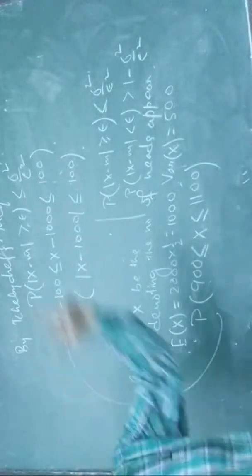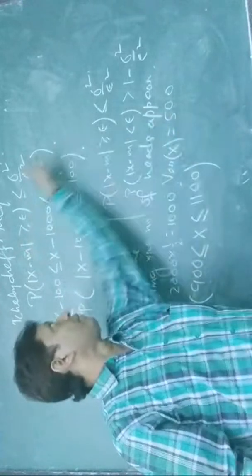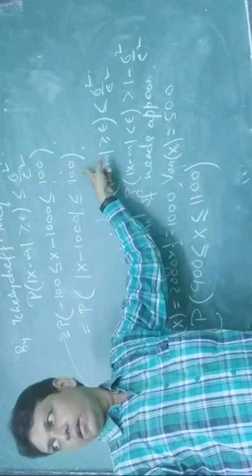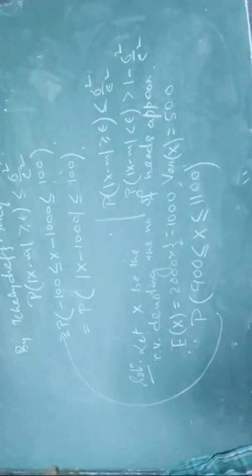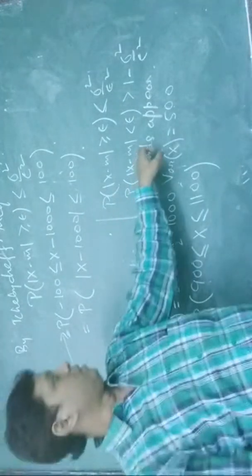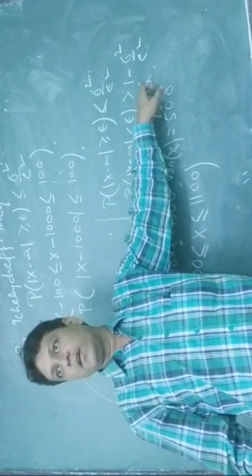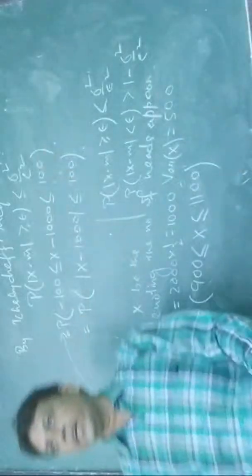Then you can calculate: sigma square is already calculated 500 and epsilon is 100, so this is equal to 1 minus sigma square by epsilon square. Using the complementary part, you will get 19/20.